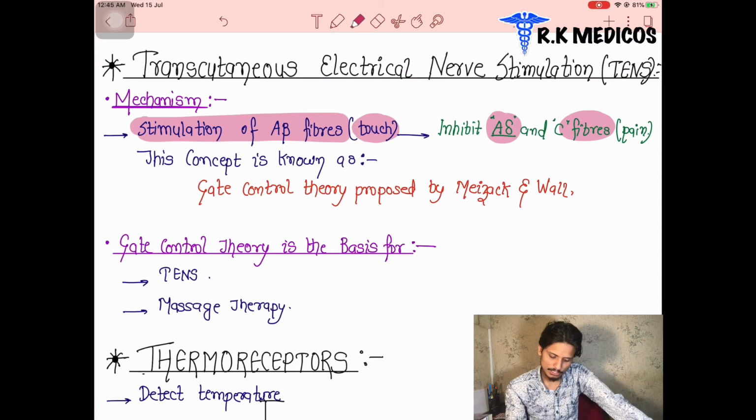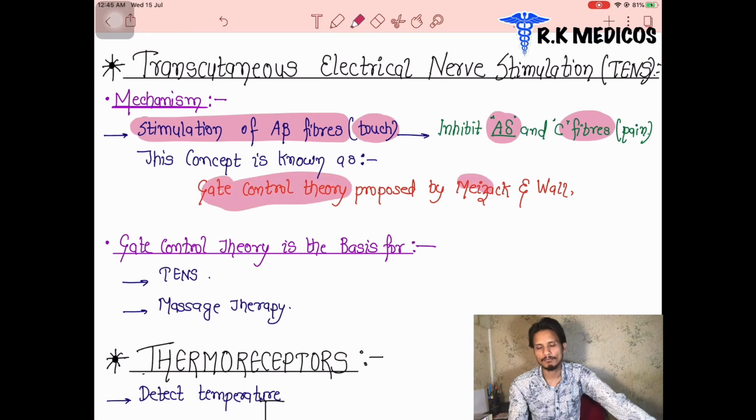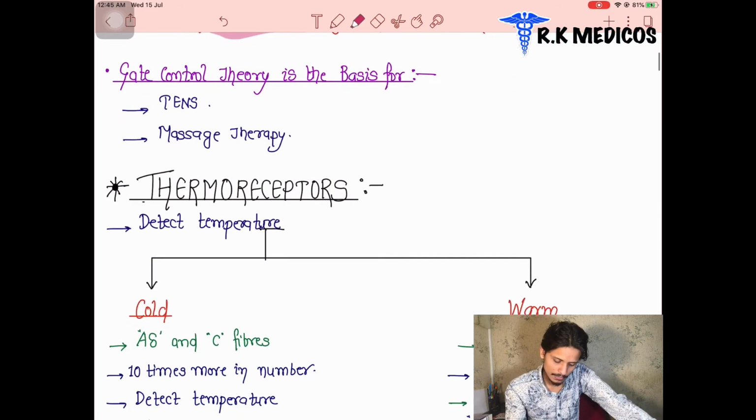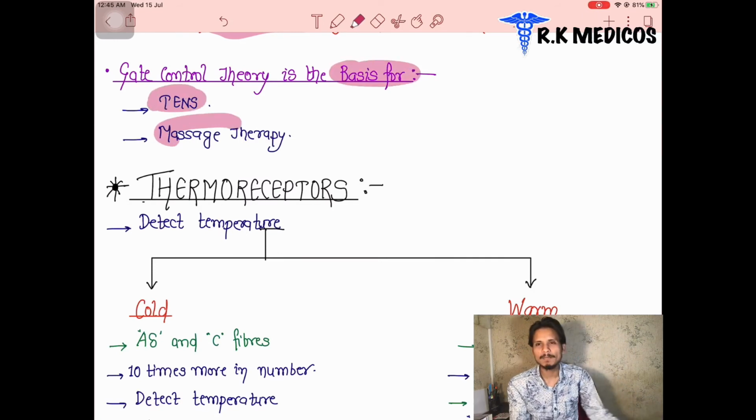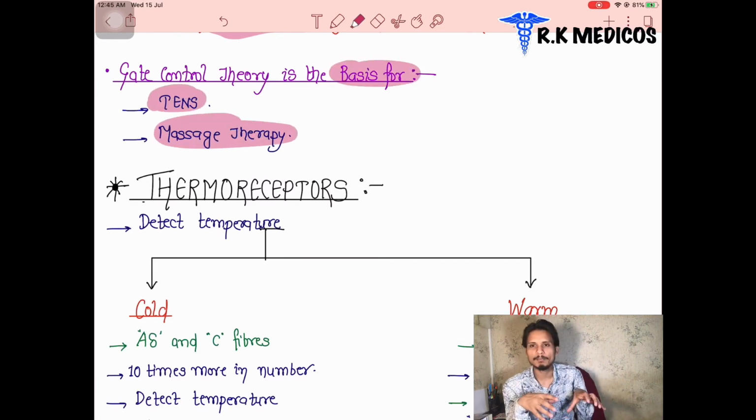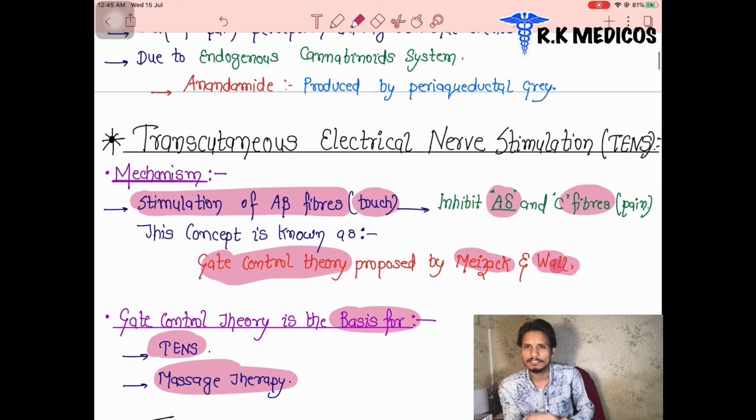This concept is based upon the gate control theory, proposed by Melzack and Wall. We will discuss later what the gate control theory is. The gate control theory is the basis for TENS and massage therapy. When we do massage and the patient feels relief, or we give transcutaneous electrical stimulation, the patient also feels relief.